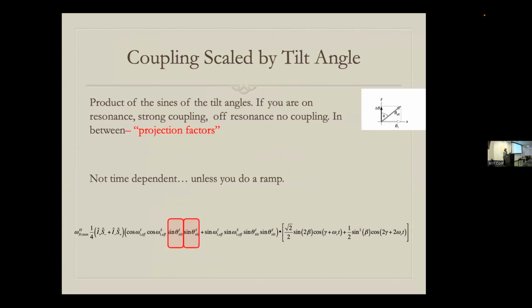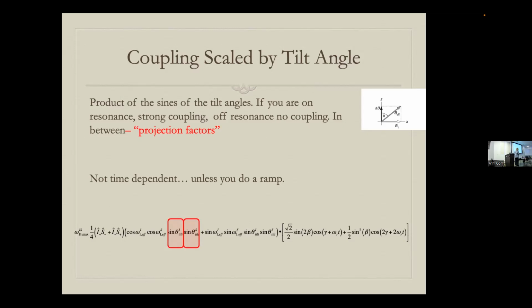Now, just to say once again about this tilt, that first frame transformation to go to the tilted frame. If you're on resonance, so basically there's very little offset and B1 is quite strong, you will effectively have a very strong coupling because these tilt projections here are close to 1.